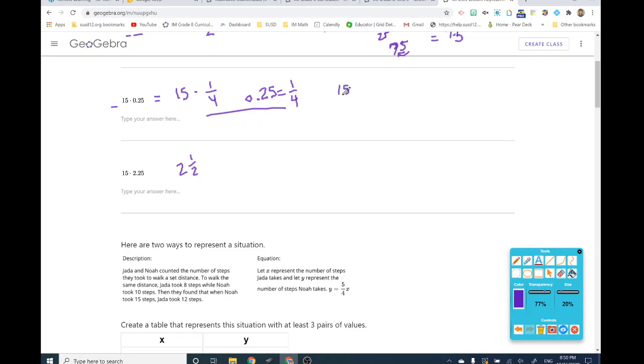Let's just do some math like this. 15 divided by 4. 4 goes into 15 3 times, and that leaves over 2/4. And 2/4 is equal to 1/2, so this answer is 3.5. Did I get that right? You guys better check my math. Sometimes I make mistakes.